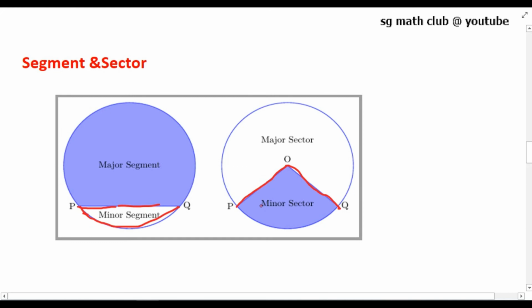Here also we have two sectors, one minor sector and the other major sector. And when two arcs are equal, each will be a semicircle, which we have already seen. So the region enclosed between the chord and the arc is called a segment. The region enclosed between the radii and the arc is called a sector.